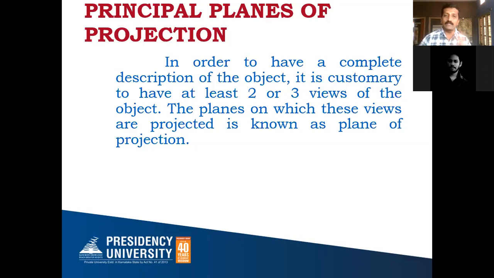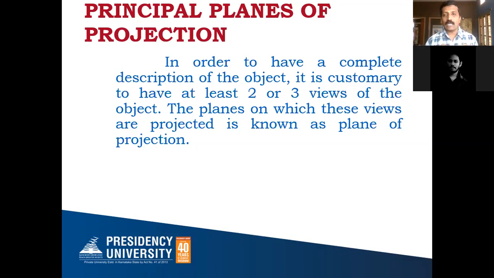And the third one is the profile plane. The side walls on either side of me, left and right, are also in the vertical direction only. They are called the profile planes. So these 3 are the principal planes of projection. On these 3 principal planes only we need to draw the different views. That's what is given.